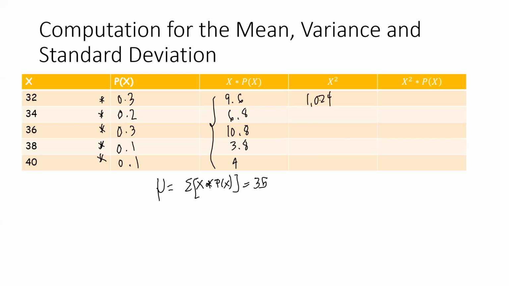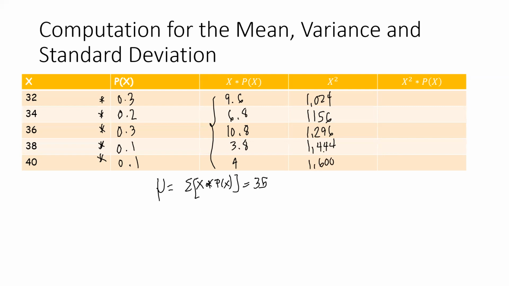For 34 squared, it will be 1156, while for 36 squared, it will become 1296, while for 38 times 38, it will become 1444, while for 40 times 40, it will become 1600. So now we have the x squared already.